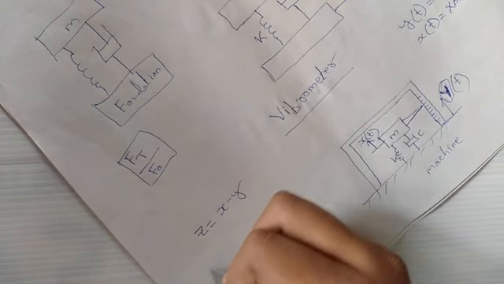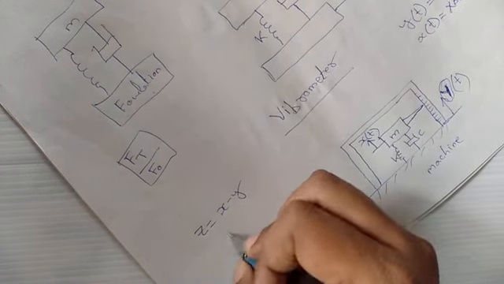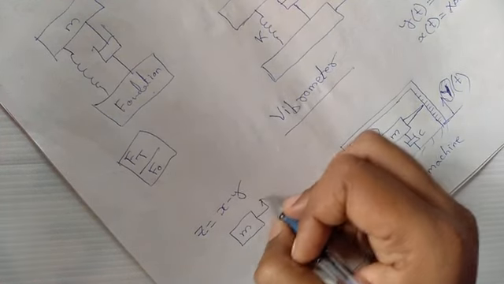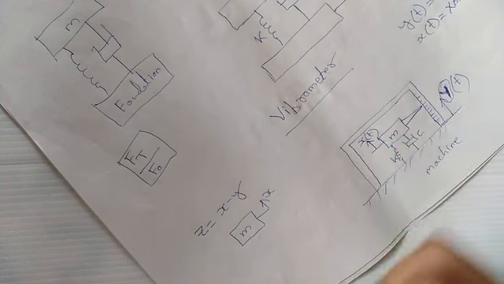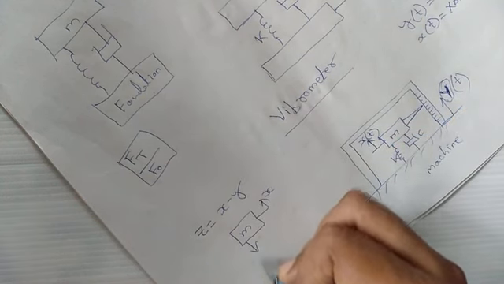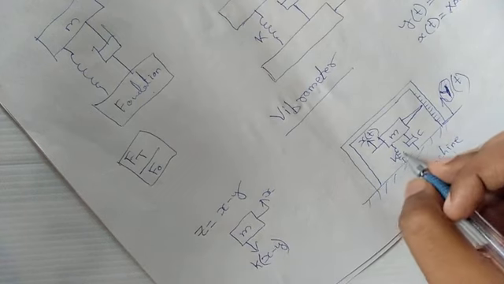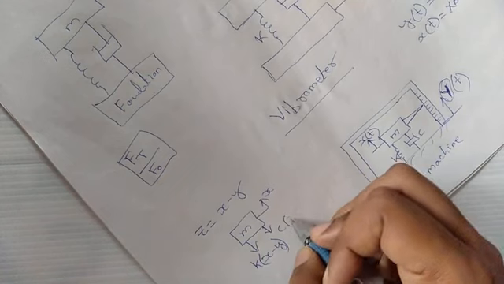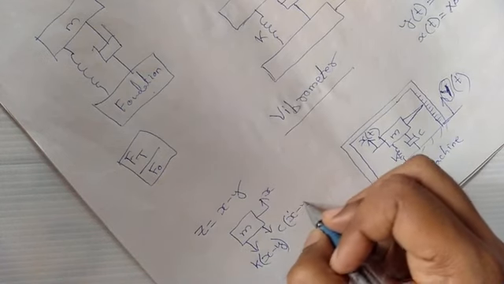So if you have to draw the free body diagram, it would be m. So x is the displacement for this. So this is k into x minus y, the relative displacement of the spring, and c into x dot minus y dot.